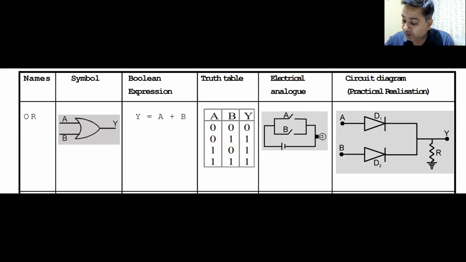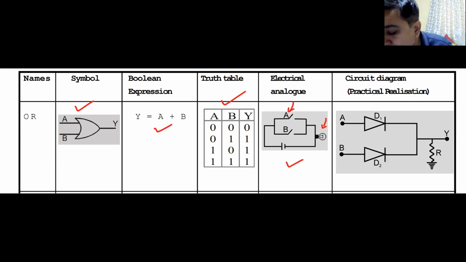This is your OR gate. We understand this. A plus B is the answer. This is the truth table. And this is how the question comes. This is the battery. If any one switch is on, this lamp will be on.